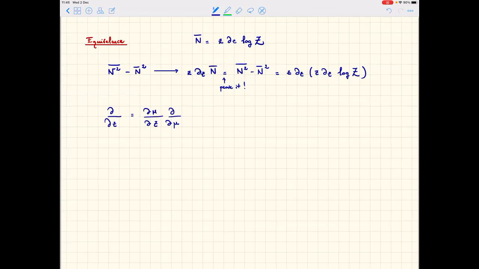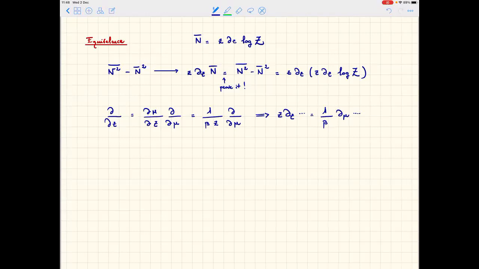And dz/dmu is equal to beta z. Therefore, when you see something like z d/dz of something, this is equal to 1 over beta times the derivative with respect to the chemical potential.